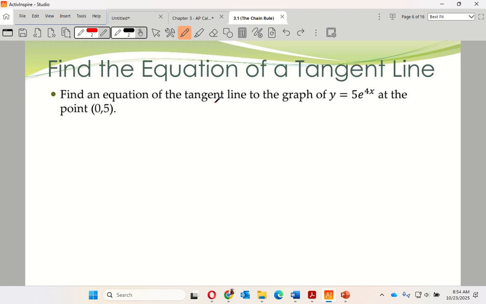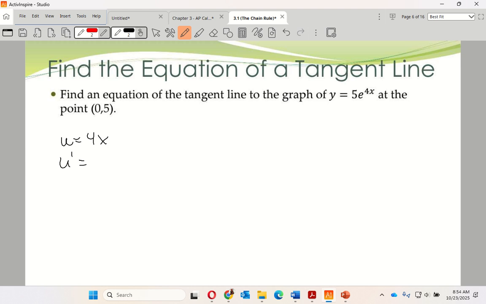Now this one, there's not really an inside. The e to the 4x is my problem, so the complicated part is that 4x, isn't it? So I'm going to say that u, in this case, is my 4x.